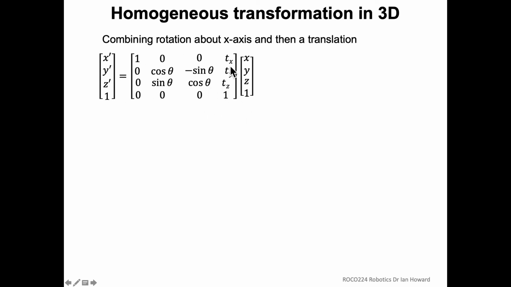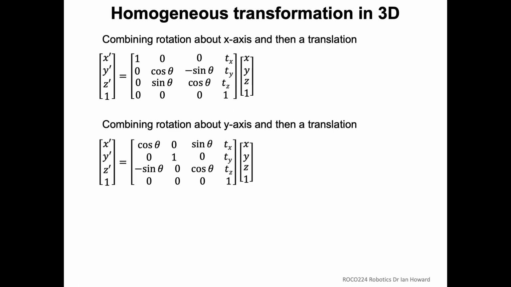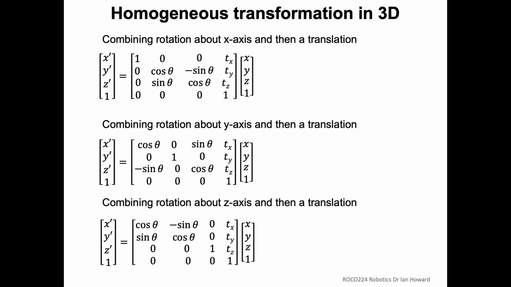And now we're shifting by tx, ty, tz as well. We notice it first does the rotation and then it does the translation. And we can do the same for rotation around the y-axis and rotation around the z-axis. Again, in all cases now we do a rotation and then we do a translation afterwards.